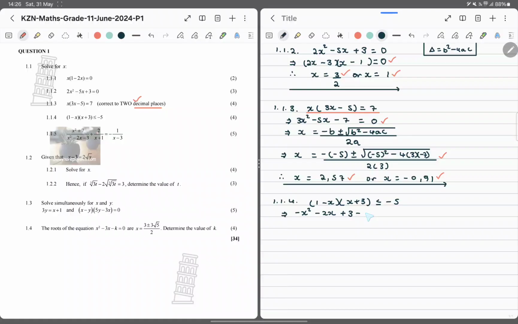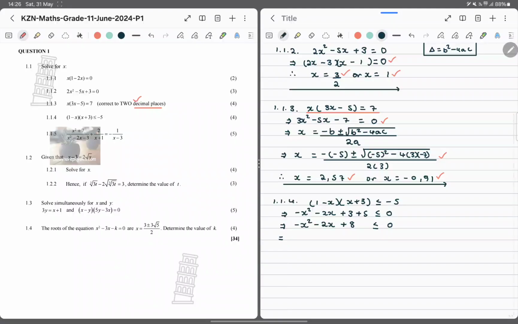We bring in the 5, it becomes plus 5, less than or equal to 0. So this implies that we've got minus x squared minus 2x plus 8 is less than or equal to 0.